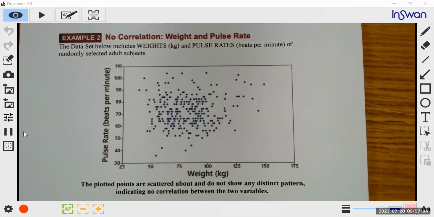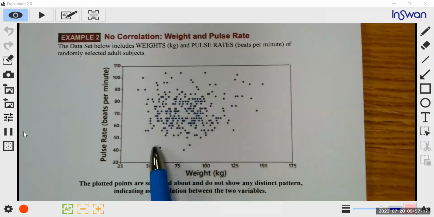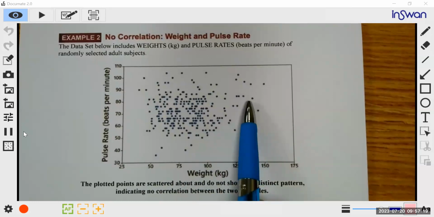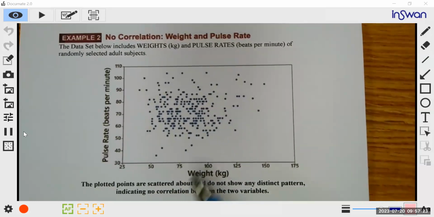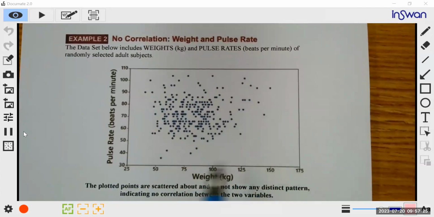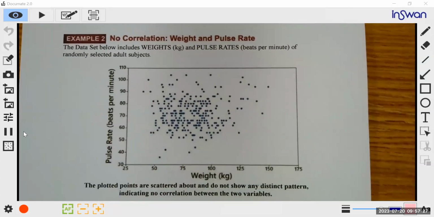All over the place. So with this one, we can't determine if there's a relationship between the data anywhere. Again, each one of these dots represents what? An individual person, their weight in kilograms and their pulse rate.